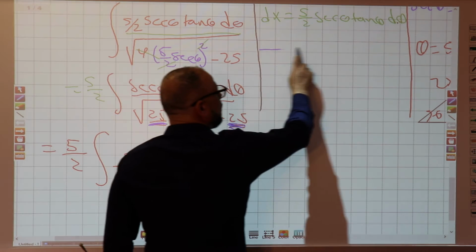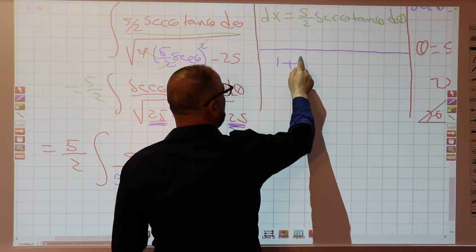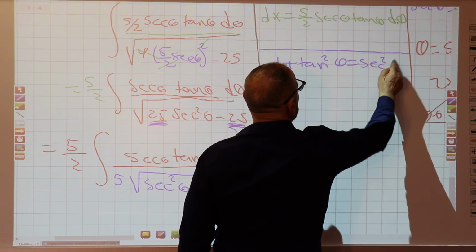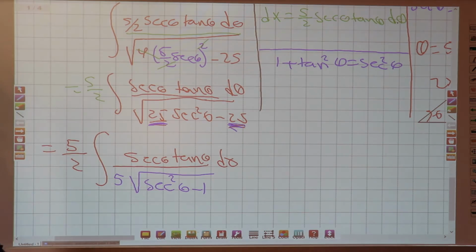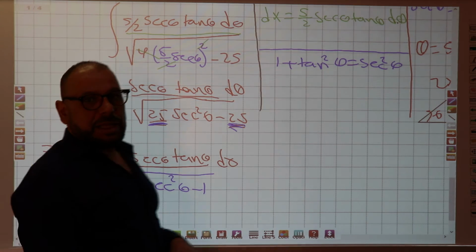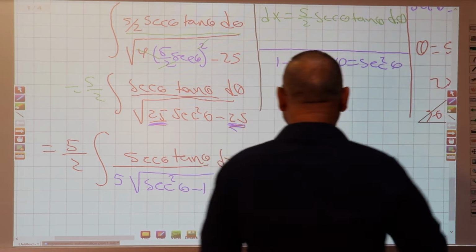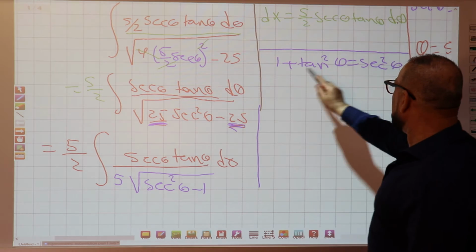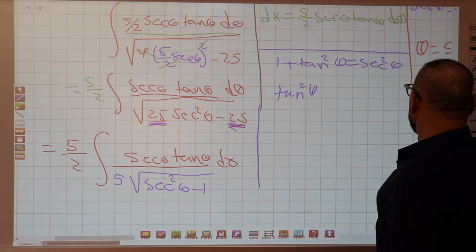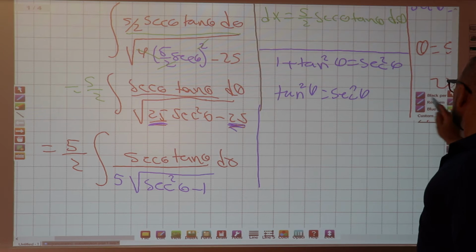I need to give you something else here, which is, remember this for your life, 1 plus tan squared theta equals secant squared theta. And if you move the 1, tan squared theta equals secant squared theta minus 1.